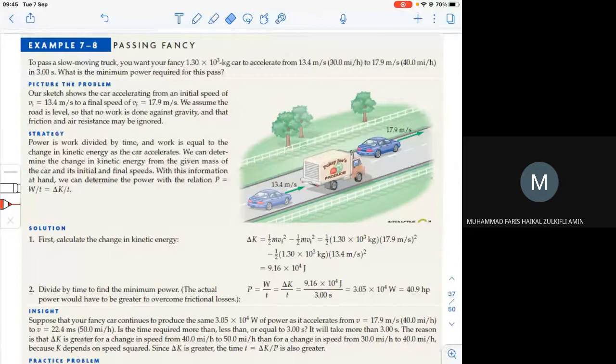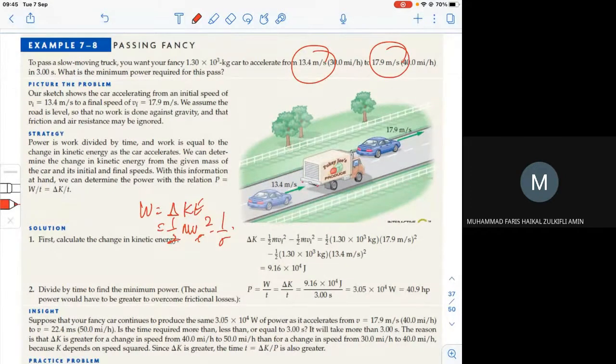Okay, so in order to do that, we need to calculate the work, by the use of work and also velocity here, or speed. So W is equivalent to delta KE. So right now we have half mv final square minus half mv initial square.